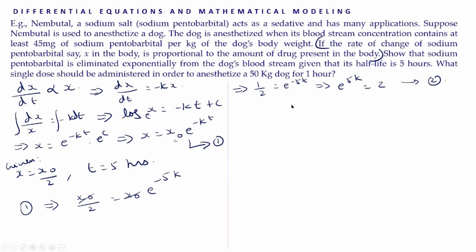And now coming to the question. What single dose should be administered in order to anesthetize a 50 kg dog for 1 hour? At the end of 1 hour, the amount of sodium pentobarbital in the blood should be at least 45 mg per kg of the dog's body weight. So for a 50 kg dog, it will be 50 into 45.